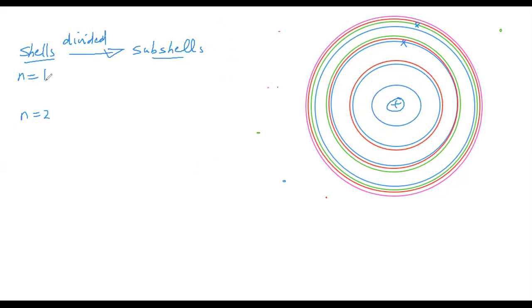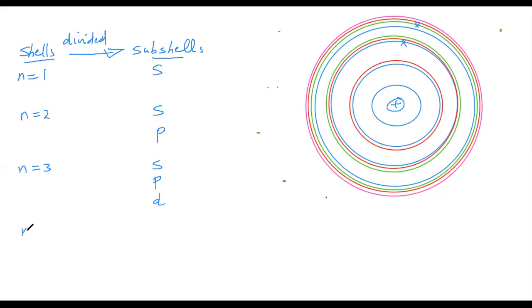The first subshell is always denoted by S. In the second shell, which has two subshells, one of them is called S and the other is called P. The third shell is divided into three subshells: the first is called S, the second P, and the third is called D.